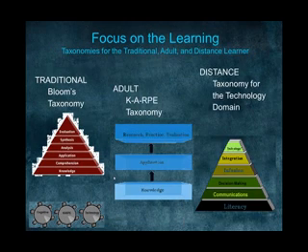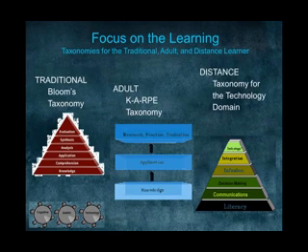Okay, once we've identified who our learner is, we can begin to focus on the learning process itself. Okay, and we have again some traditional adult and distance-based taxonomies that can help us design good instruction.